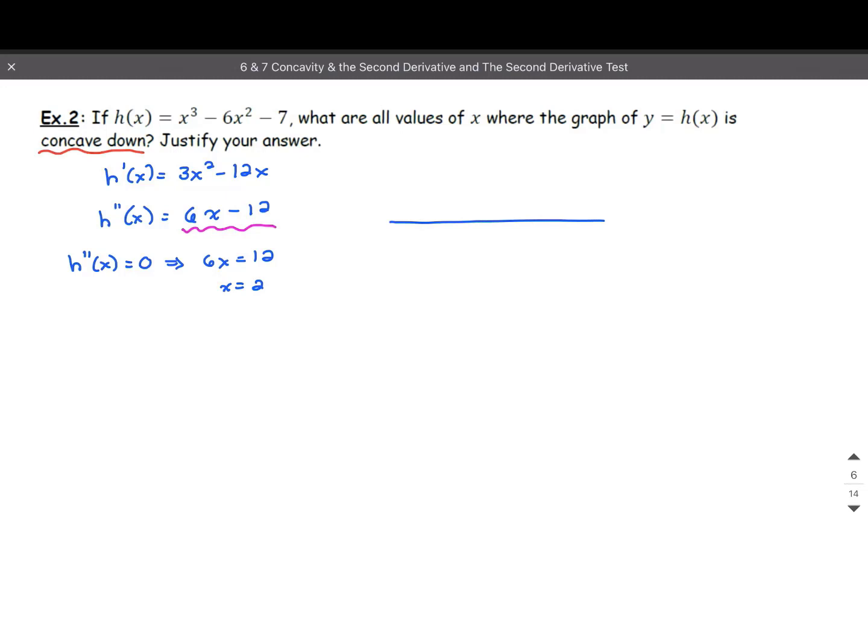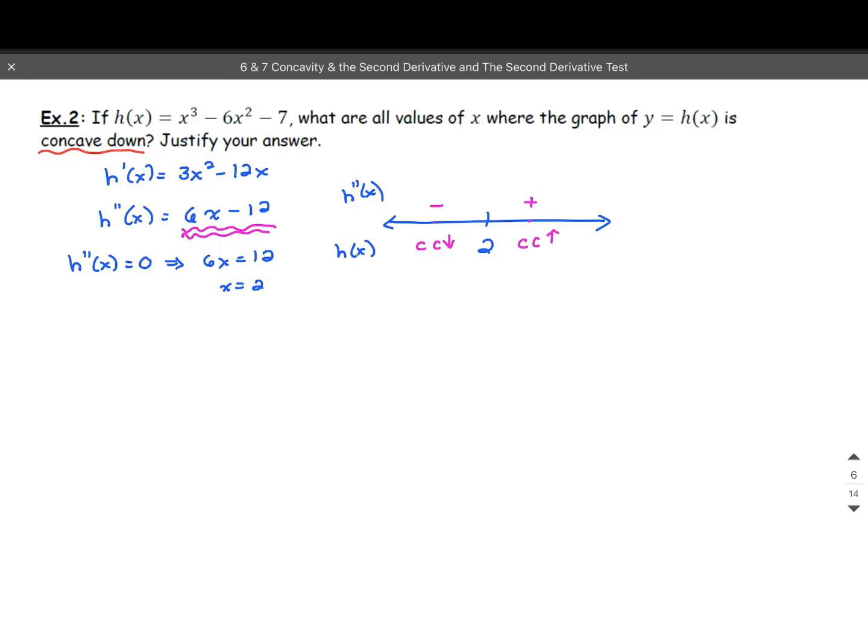Okay, so I'm going to make my number line, and my only number on it is 2. We're going to label the top with the second derivative, the bottom with our function. If I pick a number smaller than 2 and plug it in here, say 0, 6 times 0 minus 12 is negative. Take a number bigger than 2, like 100, 6 times 100 minus 12 is positive. Now when my second derivative is negative, my function is concave down, and when my second derivative is positive, my function is concave up.